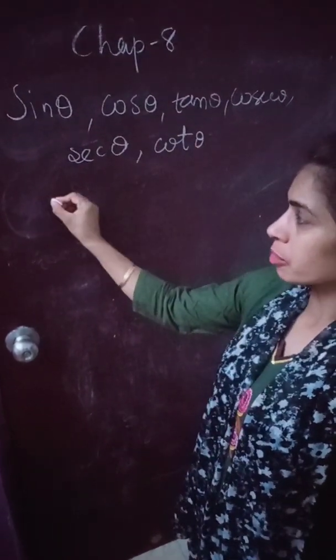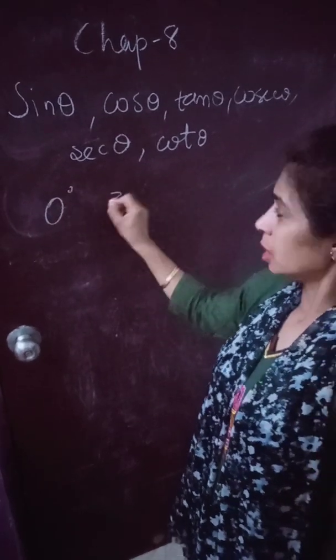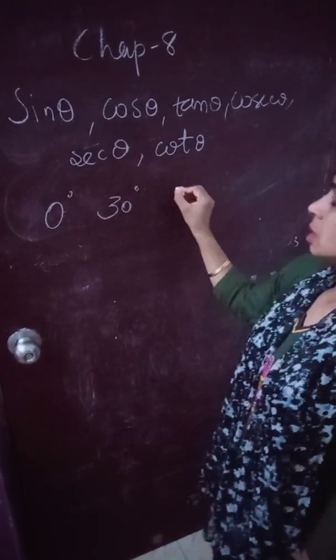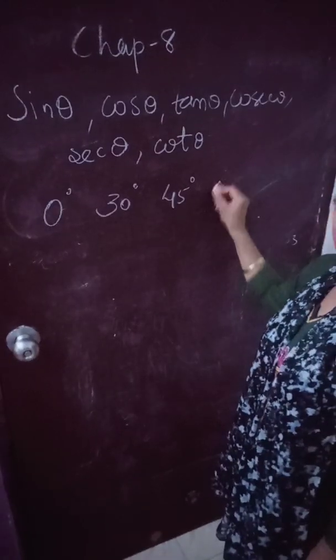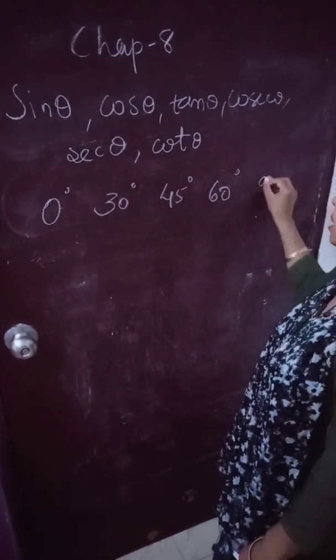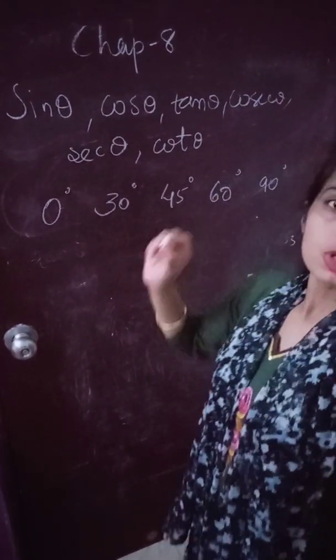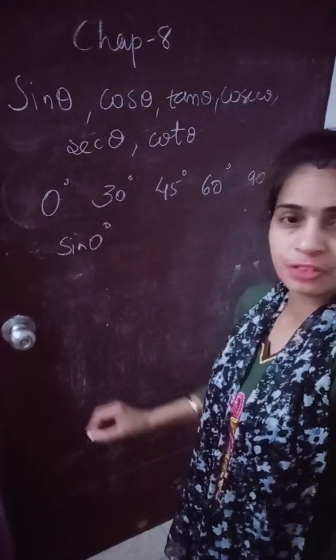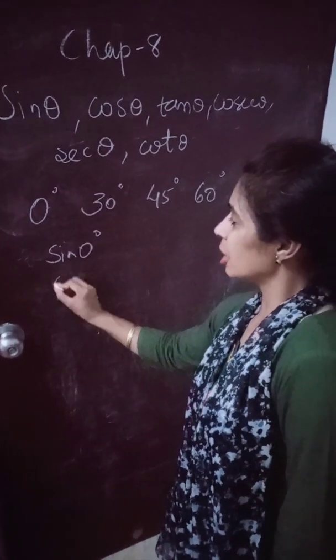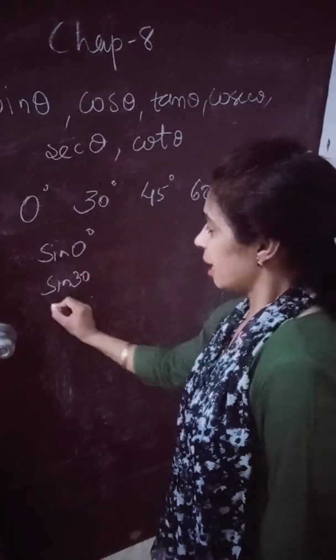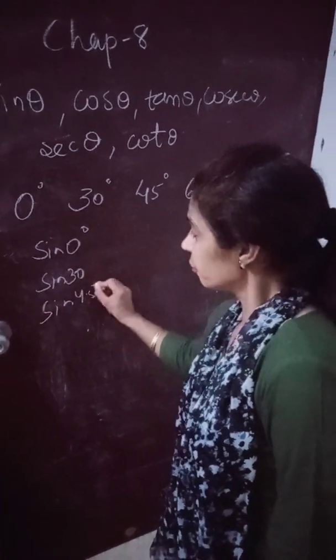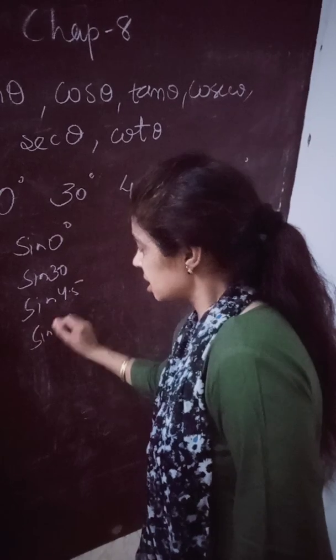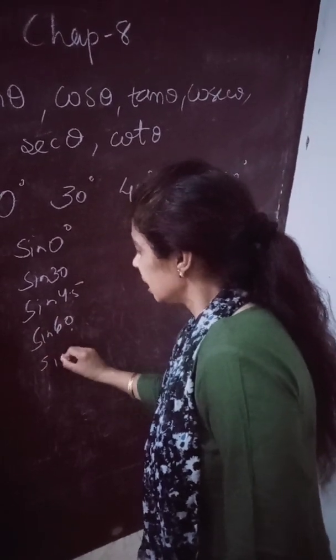The angles that I am talking about will be 0 degree, 30 degree, 45 degree, 60 degree and 90 degree. So today's class will be about finding the value of sin 0, sin 30, then sin 45, then sin 60 and sin 90.